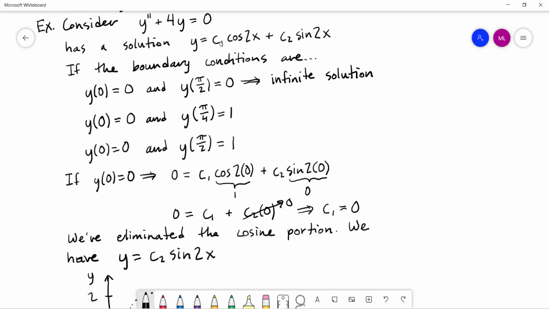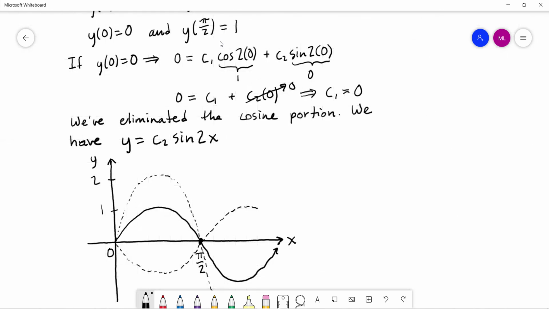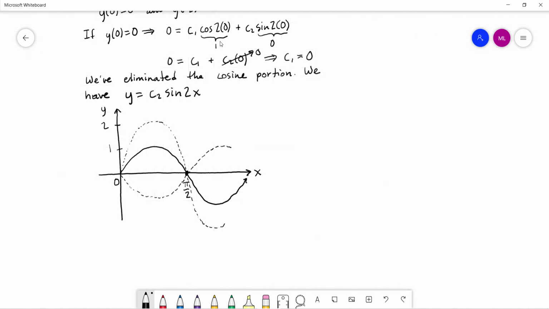And again, let's just check real quickly, sort of as a side note, maybe we can do it over here. We've specified our first condition, and we're down to this equation. What happens if I try to plug in that y of pi over 2 equals 0? That's telling me that I get 0 for y whenever x is pi over 2.